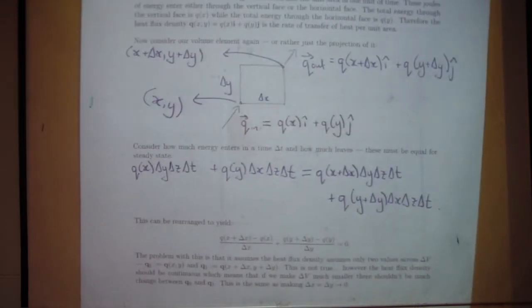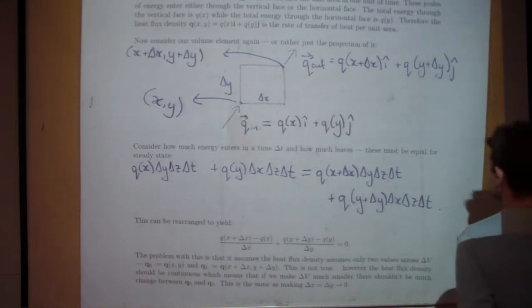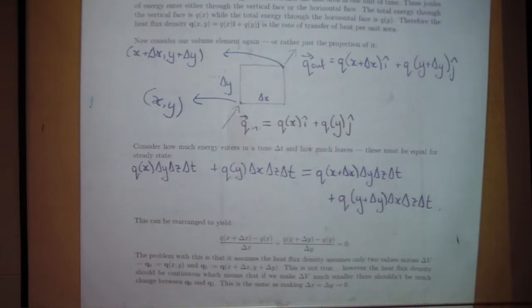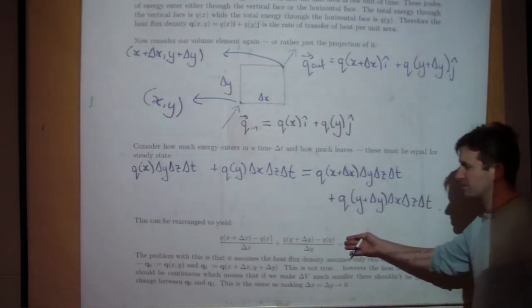Right, so this is deriving this equation. This can be arranged, it's easy enough. Divide everything by delta z, delta t, that's gone. What do you do then? Maybe divide everything by delta x, delta y. It's just an algebra problem, and you get to here.